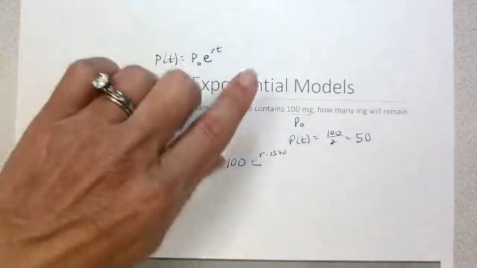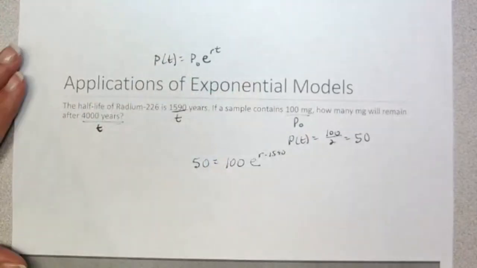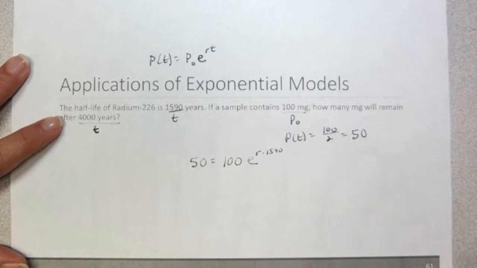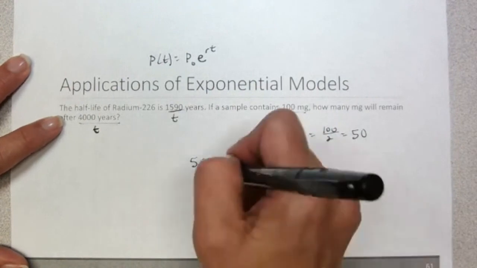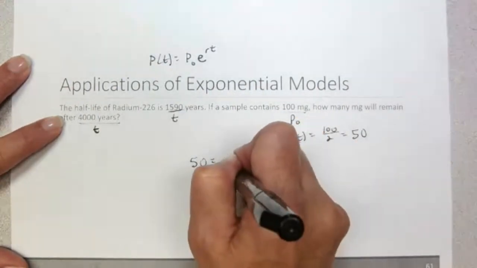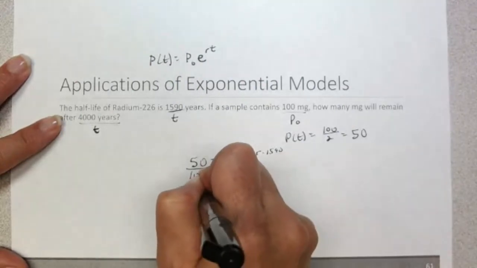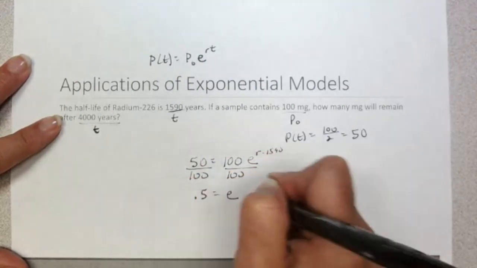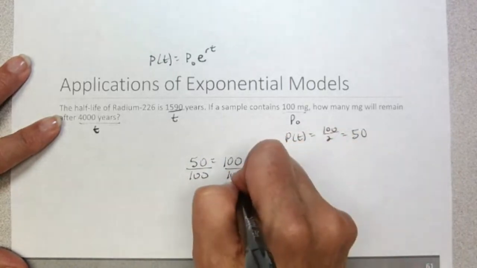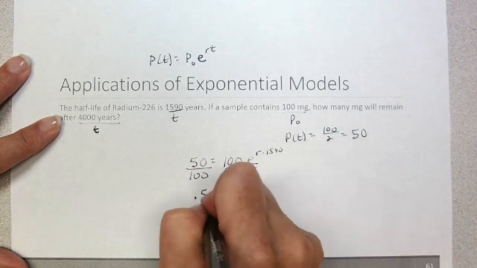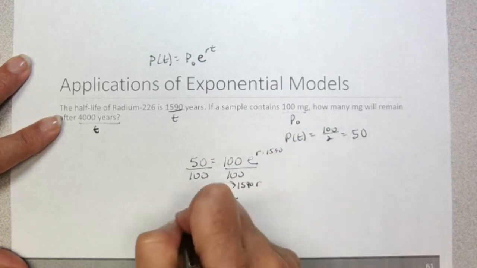Okay, now I have this equation. I can solve for that relative decay rate of radium-226. I'm going to need to lose my coefficient, so let's divide both sides by 100. So then 0.5 is equal to E to the 1590 times R. All right, let's convert that to logarithmic form.